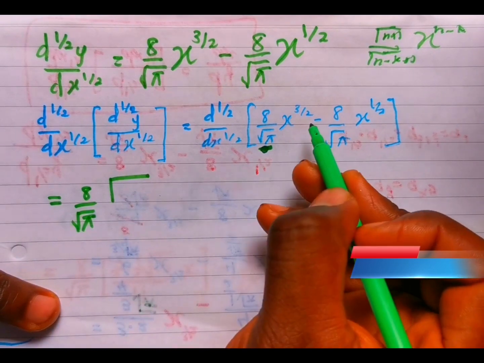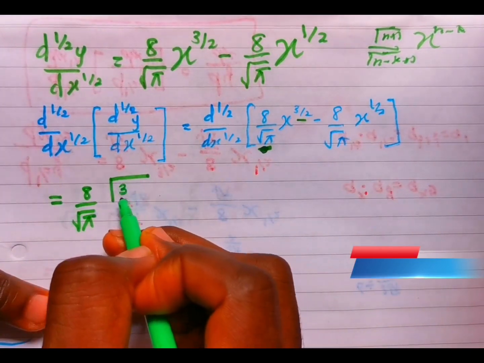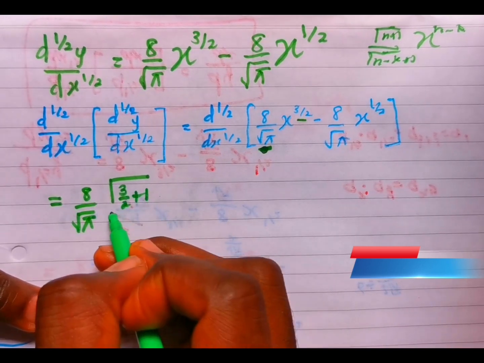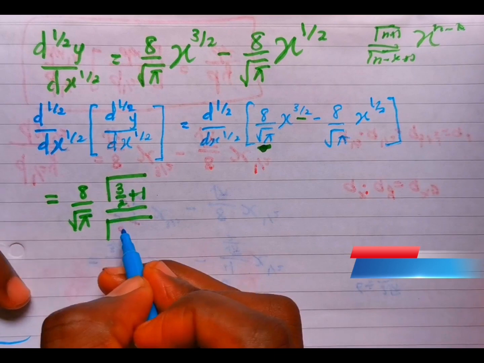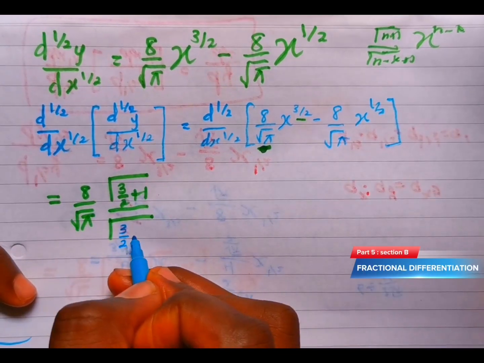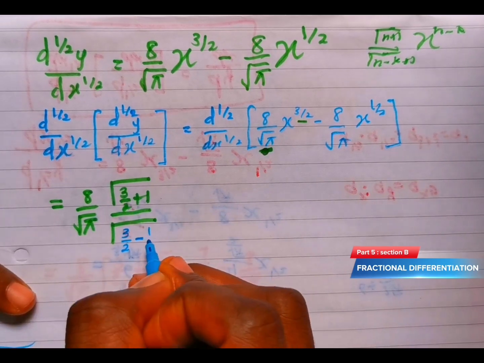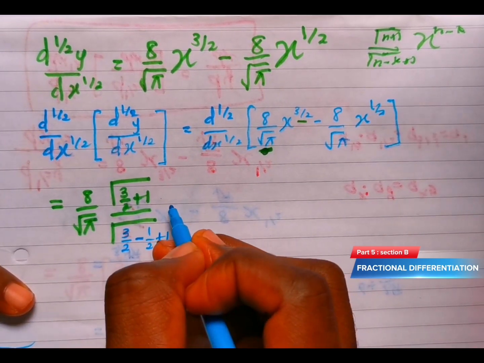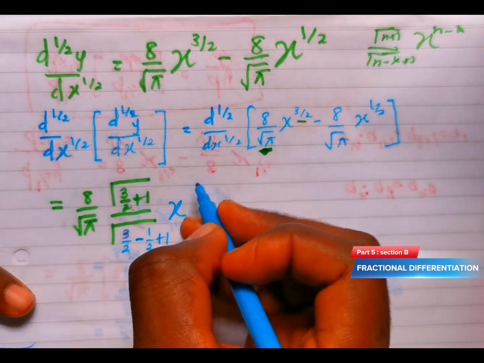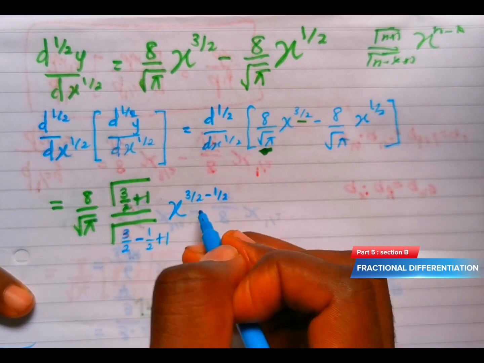Now, my n over here is 3 over 2. I have the gamma of 3 over 2 plus 1 over the gamma of n minus k plus 1, where n is 3 over 2 and k is the half derivative, 1 over 2, plus 1. Then I have x to the power 3 over 2 minus 1 over 2, which is our k.